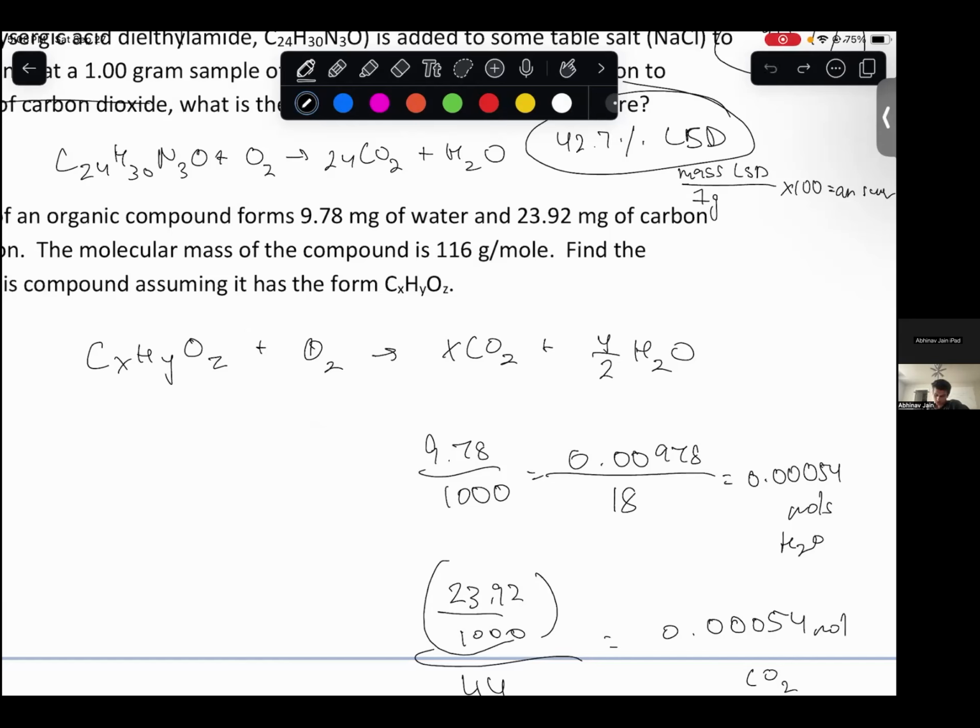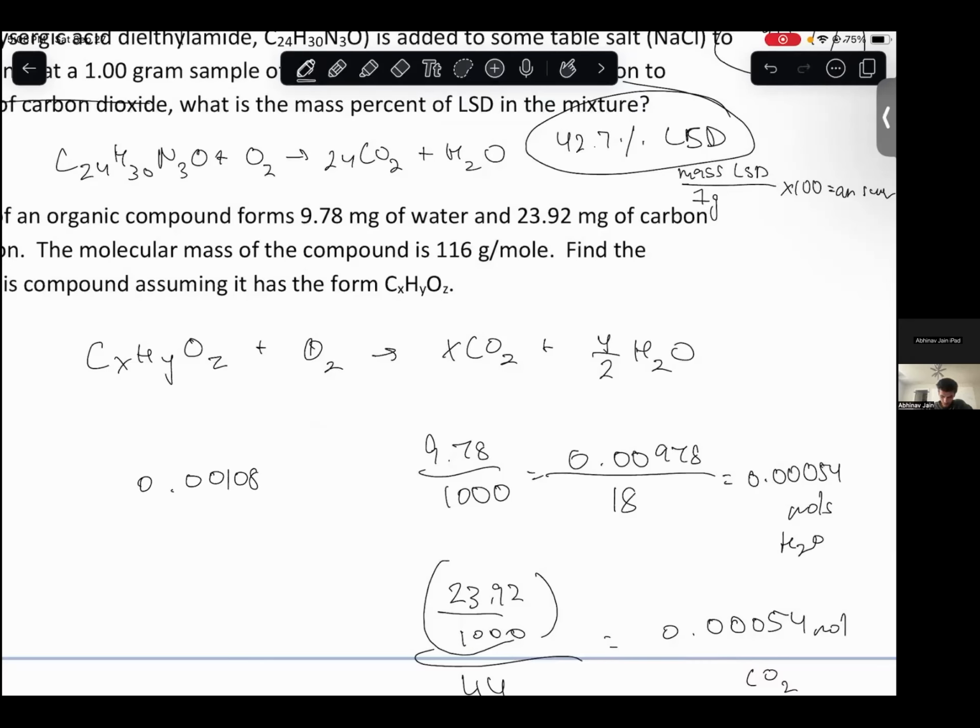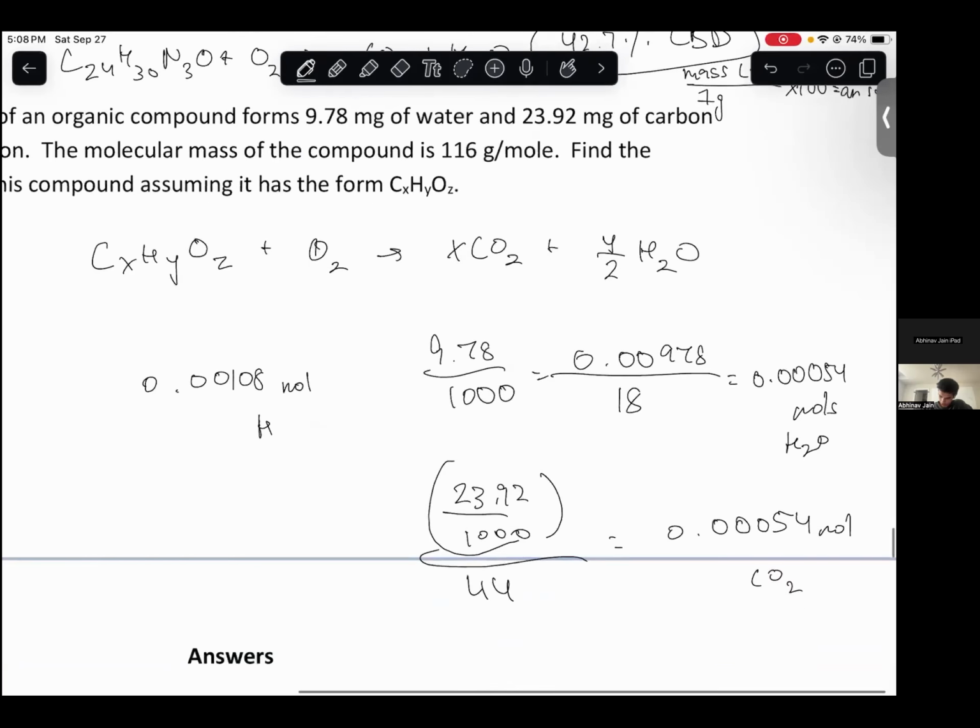It's a 1 to 2 ratio. So 0.00054 times 2 means there's 0.00108 moles of hydrogen in the compound. And there's obviously 0.00054 moles of carbon in the compound.